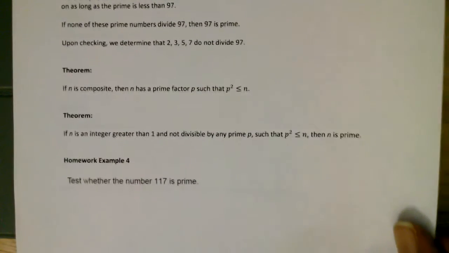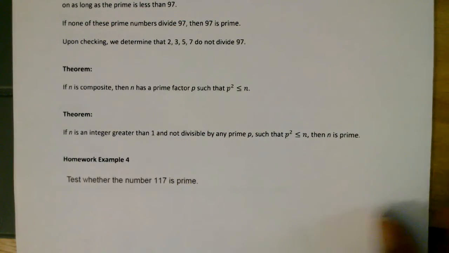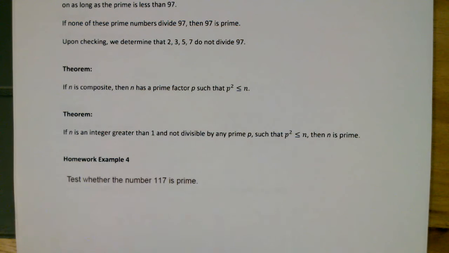Another theorem says, if n is an integer greater than 1 and not divisible by any prime p such that p squared is less than or equal to n, then n is a prime number.